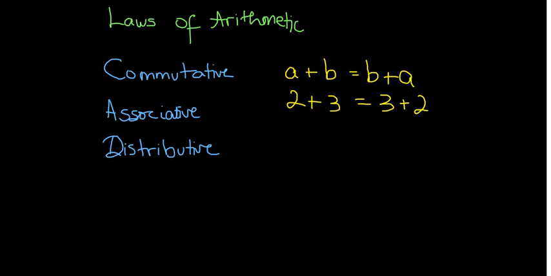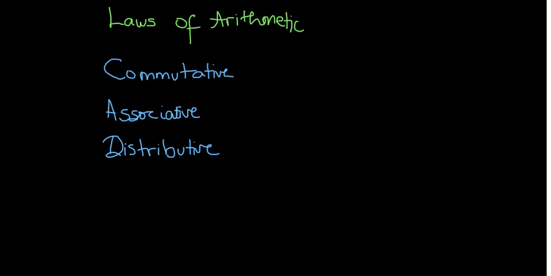So can anybody remember which operations are commutative? So I heard a lot of things, but I think I got addition and multiplication, right? So addition and multiplication. Okay, hopefully you can hear me over the noise.